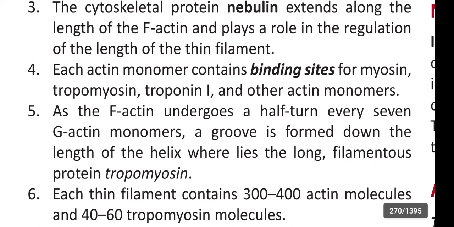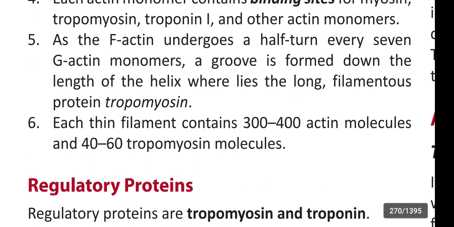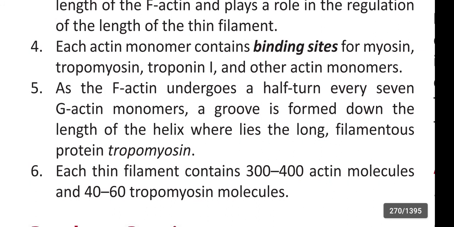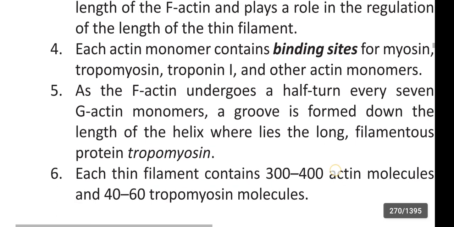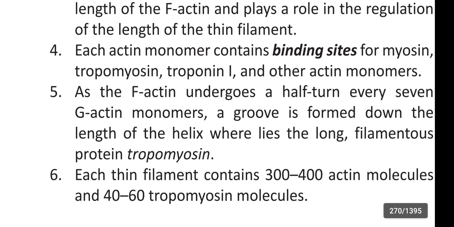As the F actin undergoes a half turn every 7 G actin monomers, a groove is formed down the length of the helix, where lies the long filamentous protein tropomyosin. Each thin filament contains 300 to 400 actin molecules and 40 to 60 tropomyosin molecules.